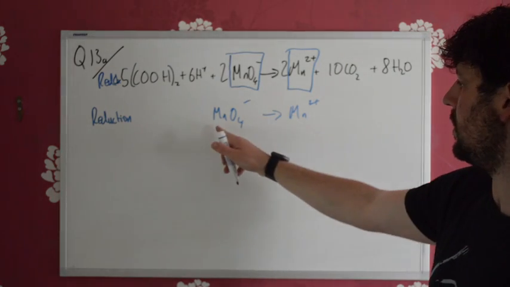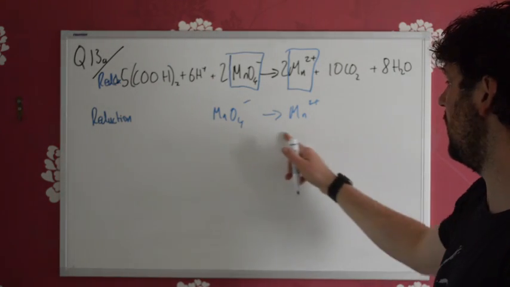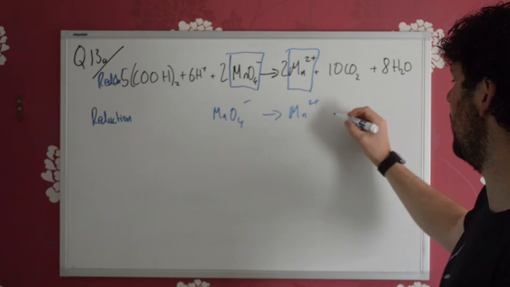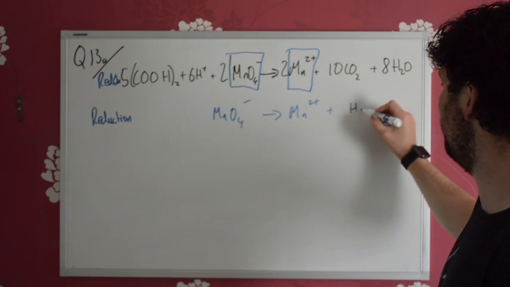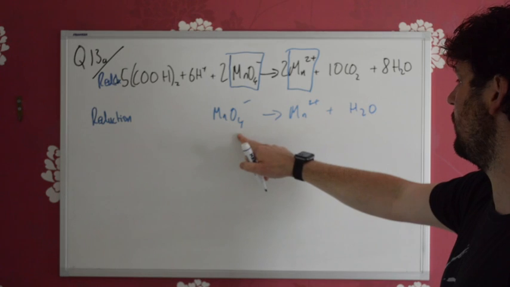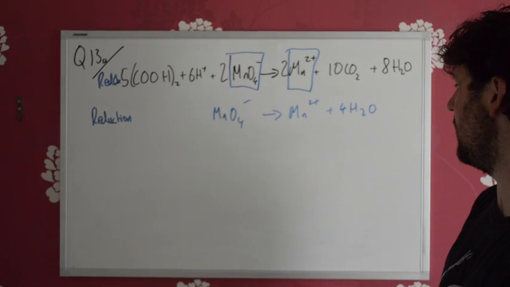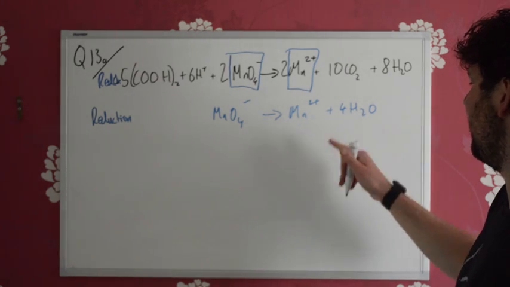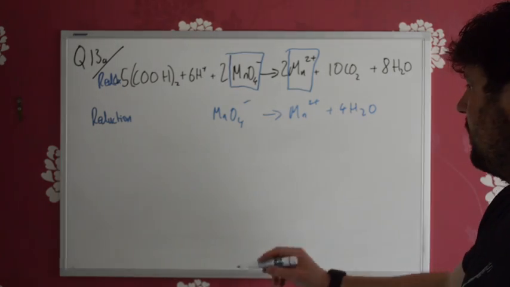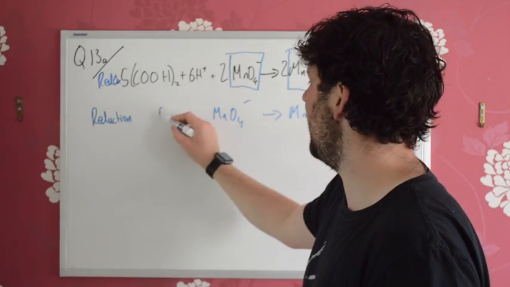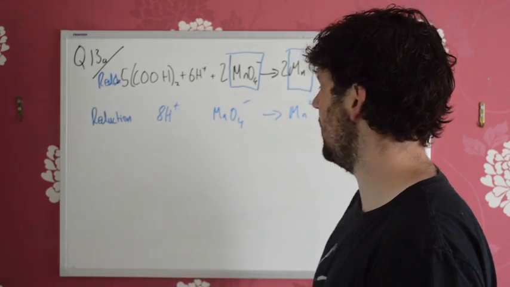You can see that the oxygens are not balanced, so we need to balance them first by adding water. There's 4 oxygens over here, so I'll need to add 4 in front of the H2O. And I have 8 hydrogens over here, so I need to balance that by adding 8 hydrogen ions over here.